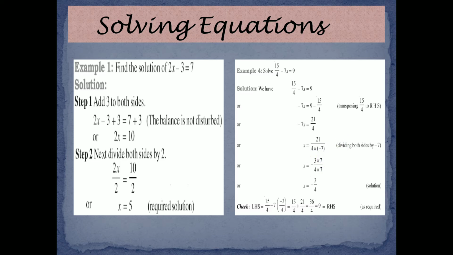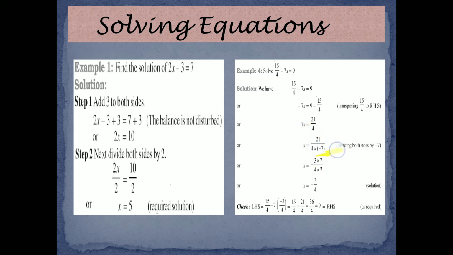But what he has done over here is he has divided both sides by minus 7. That is, he took the transposition of the 15 by 4 to the right hand side earlier, but here he has applied the systematic method which we did in this example. So he has divided minus 7 by minus 7 instead of taking it down over here.